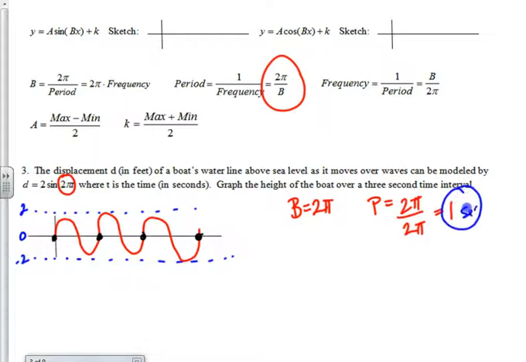It looks like it's labeled in seconds, by the way. So for it to finish one sine cycle, that's a value of 1. This would be a value of 2. This would be a value of 3. If I wanted to label in the middle here, this would be 0.5. This would be 1.5. This would be 2.5, but that's pretty obvious. Hopefully you can graph a little better than I can.